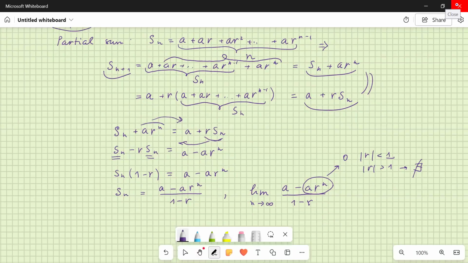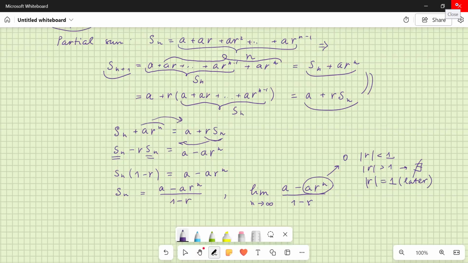And when r is -1, we are going to have alternation: a, minus a, a, minus a, and that's not going to give us any sum. We're going to talk about the cases of 1 separately, later. I don't want you to mess up everything else. So we know that when r is greater than 1, the limit does not exist.